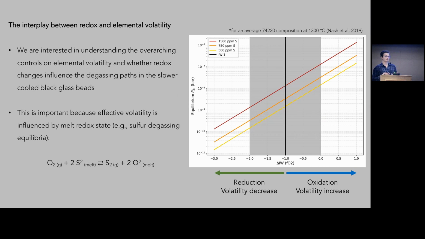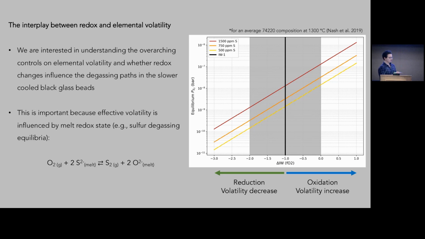My goals here are to better understand the overarching controls for elemental volatility and whether redox influences how volatiles are lost or gained, and specifically the kinetics of how this rate changes during this condition. So we're looking at the black glasses again as a conceptual idea to test this. What I want to convey is that, in terms of how outgassing behaves, if we look at the simple sulfur degassing equilibria, we can see how fO2 influences the efficiency of this degassing process.